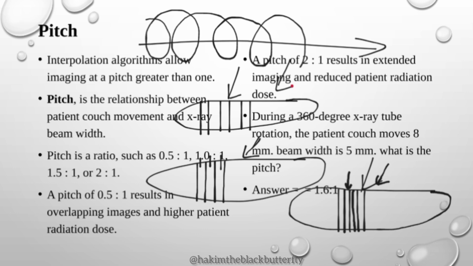But if those gaps are big, then the interpolation algorithm breaks down. It may not accurately estimate the information in between those slices. The pitch is a relationship between the patient couch movement and the X-ray beam width.